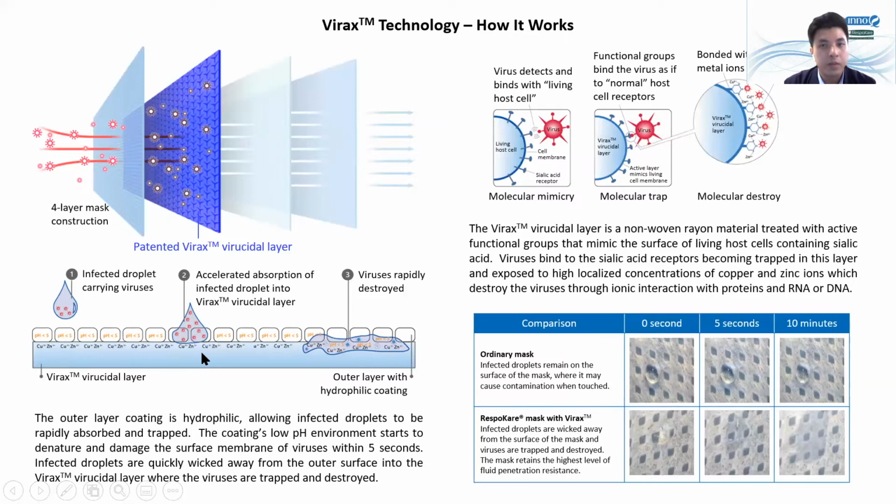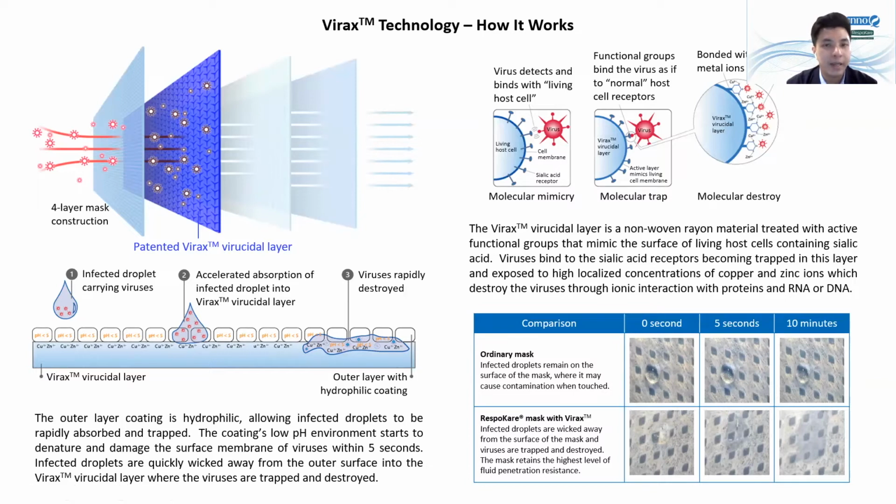A question you might have: what's so special about our mask? Most surgical masks you buy off the shelf have a 3-layer construct. Ours is 4-layer, and what's special is the patented technology called Virex, a virucidal layer.